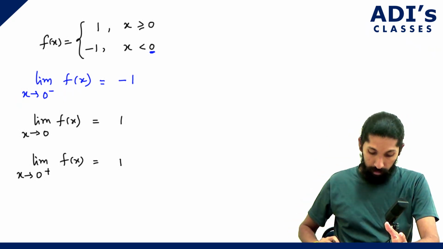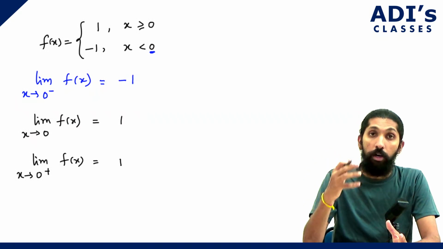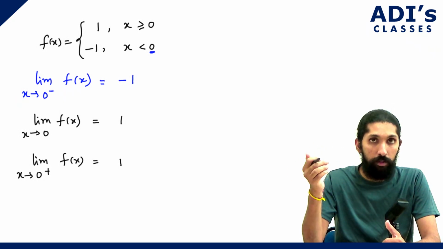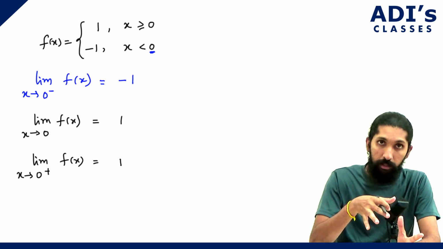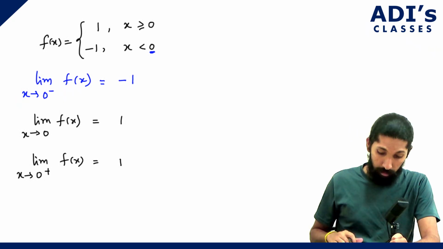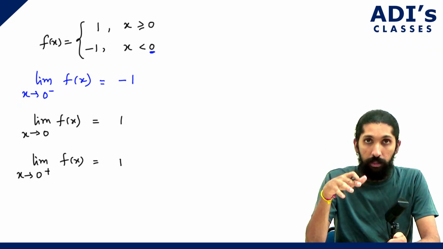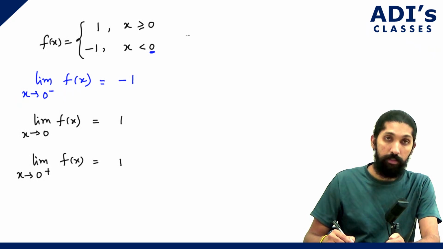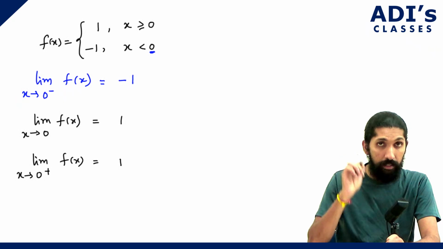We have the right hand limit, left hand limit, and the limit at that particular point. So in this question, if I ask whether this particular function is continuous or not, I'm taking into consideration the point x is equal to 0. Is it continuous?